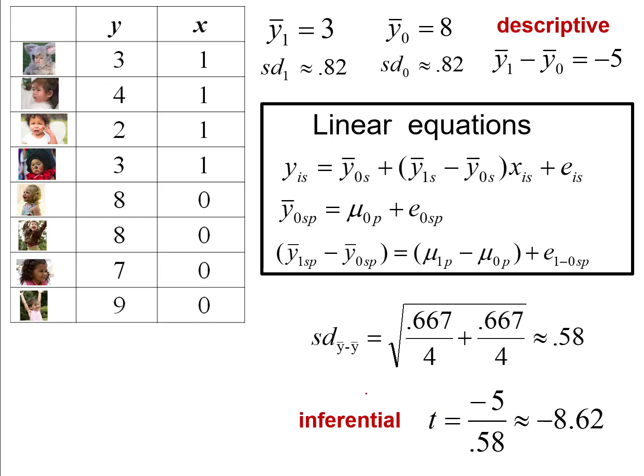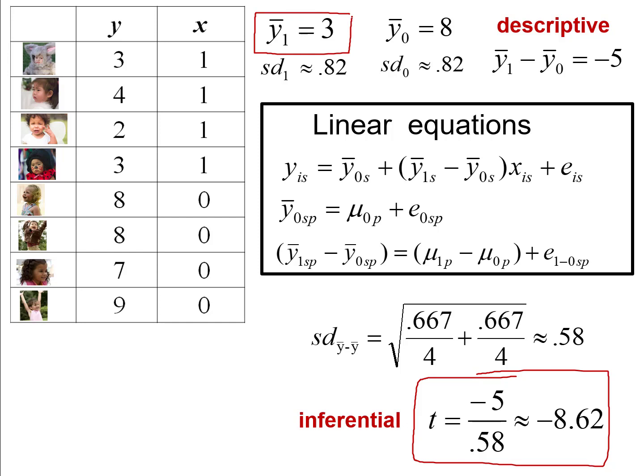And on this slide, down at the bottom, we have the calculation for the t value. Also on this slide, it provides a summary of everything we've been talking about in this unit. Up at the top, here's the mean for our treatment group. The mean happiness score was a 3 for the treatment group, and the standard deviation was 0.82.